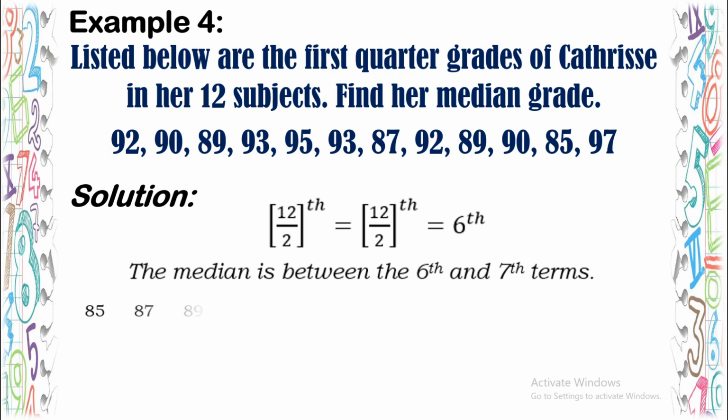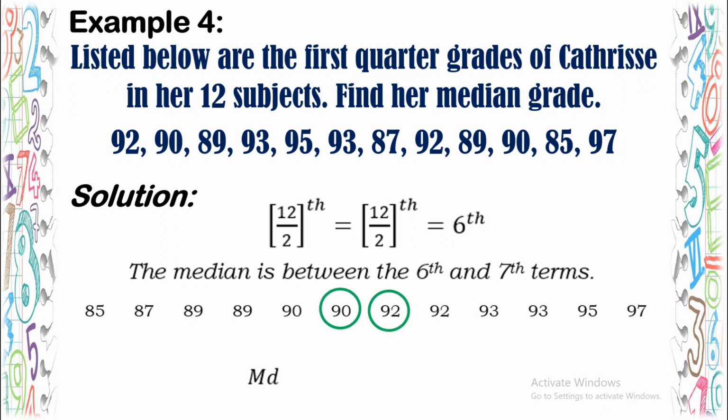Arranging the grades, we have this one. That means the sixth and seventh values are 90 and 92. Now getting the average of those two numbers, the median is equal to (90 + 92)/2. 90 plus 92, that's 182 divided by 2. So we have 91. So the median grade of Catrice is 91.